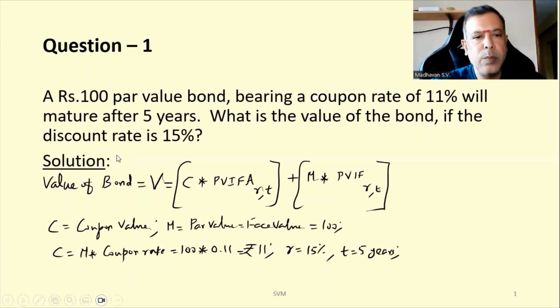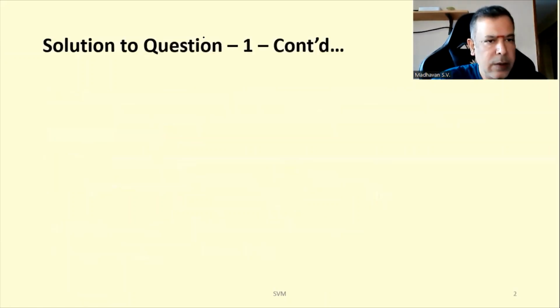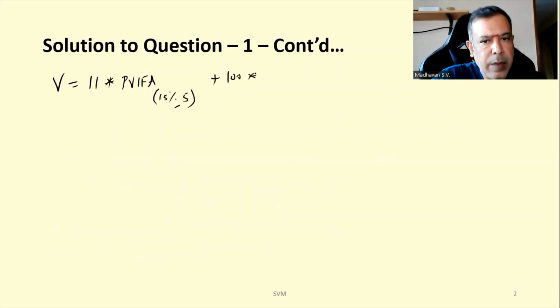Therefore, the value of the bond V will be C, which is 11, times PVIFA for 15% and 5 years, plus M, which is 100, multiplied by PVIF for 15% and 5 years. These two are to be added.